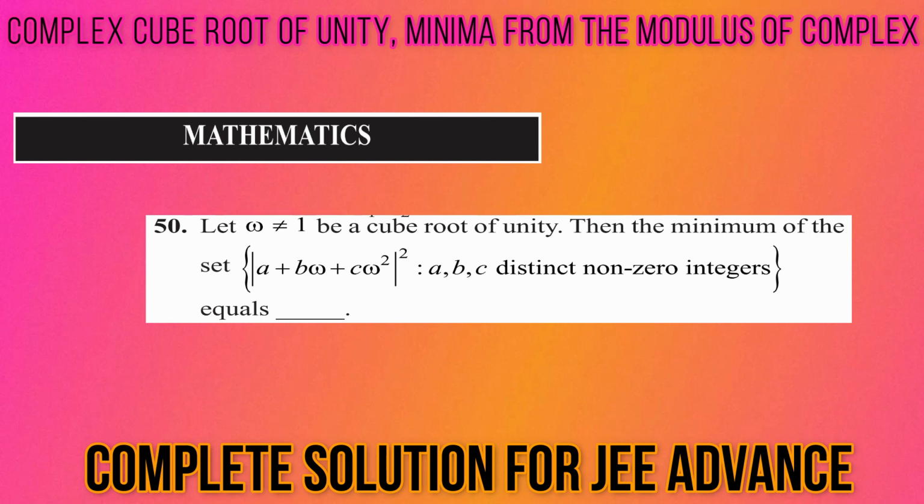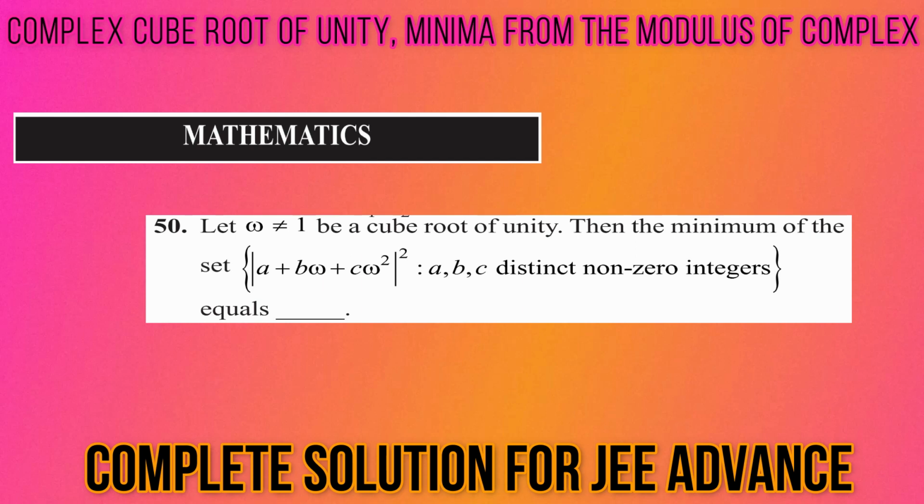The condition given for a, b, c is that they are non-zero integers, and we have to take positive non-zero integers, because whenever we take negative integers, the value collides with complex values, since iota is defined as the square root of negative 1. So that's why we consider positive values for solving this example.